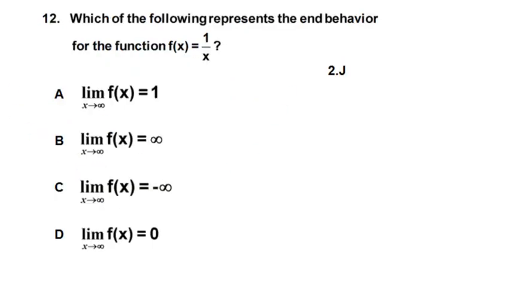Next, 12. Which of the following represents the end behavior for the function f of x equals 1 over x? We can see there have been quite a few. This character f of x equals 1 over x has been a pretty well represented player in this test. So here we go.